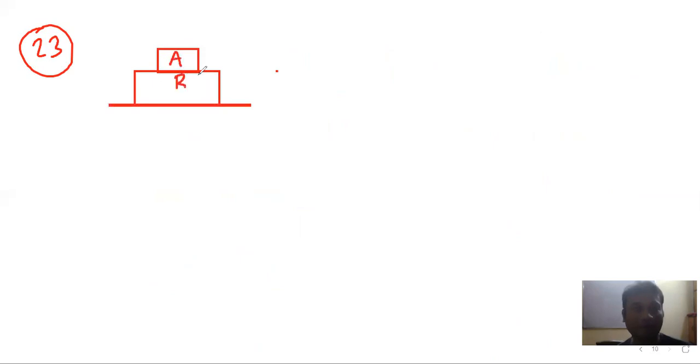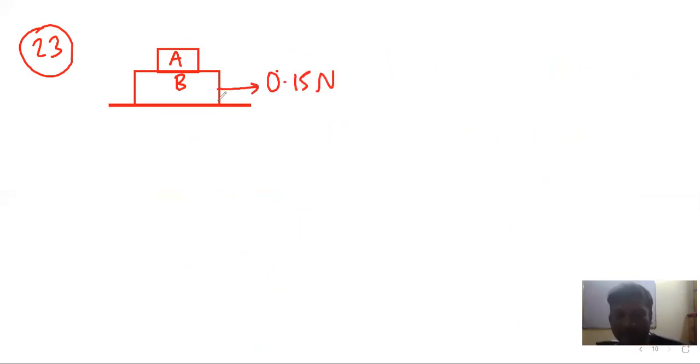Then moving on to the next question, which is question 23. In this case, we have two blocks placed on top of each other and the ground at the bottom, as shown. Block A on top, block B on bottom. The applied force is in the forward direction.